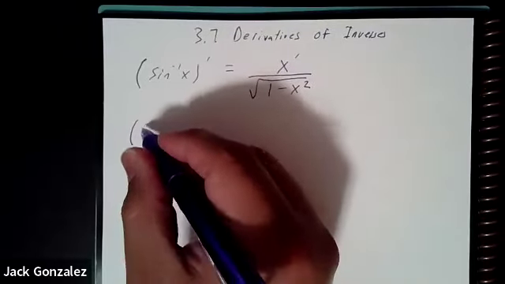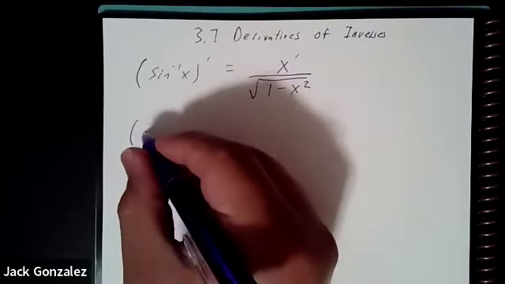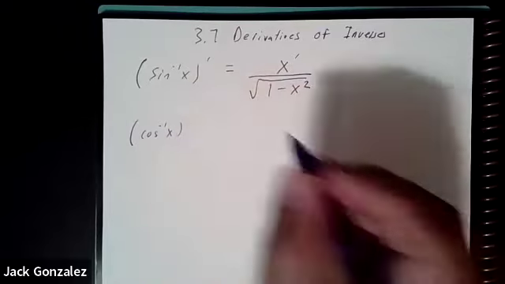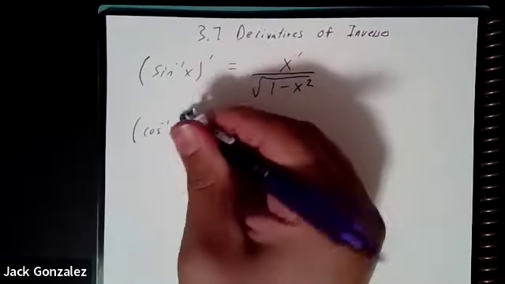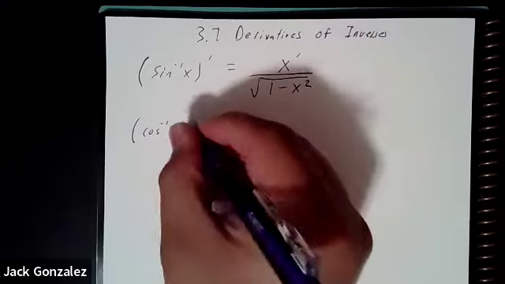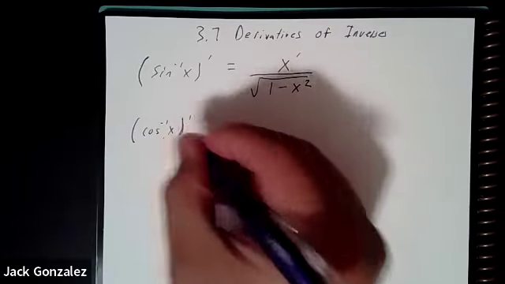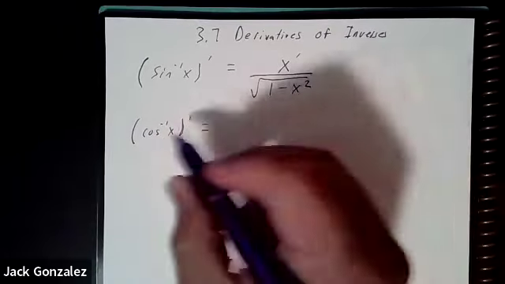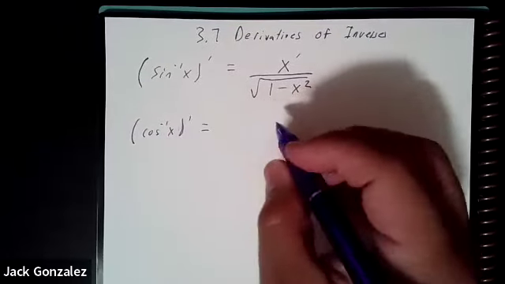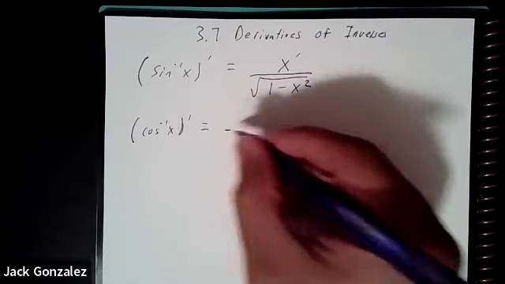Are you guys cool with the -1, or do you prefer arc cosine? -1 is good for me. Cosine inverse will be the same, they just have a negative built in.